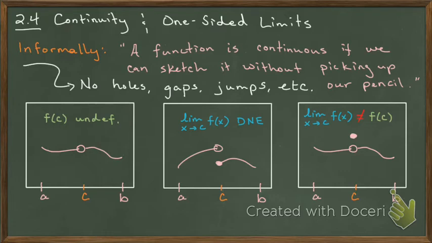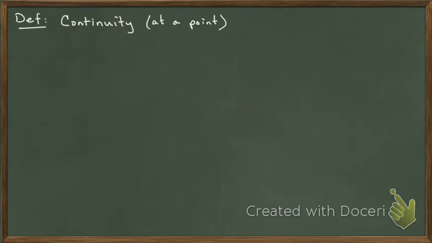I'm going to describe the definition for us here, and then I want to go through some different scenarios and examples of how that definition works the way it does. So here is continuity at a point. At some specific value c, we say the following.